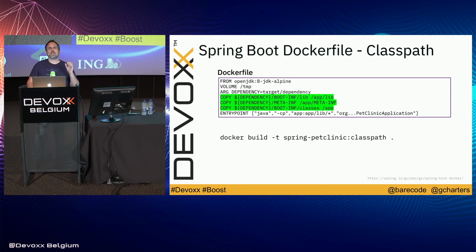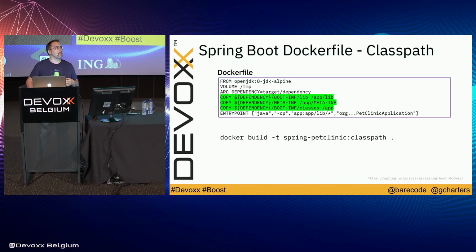So let's take a look at a different way to construct a Docker image. This is actually a few weeks old, four-ish weeks or so. There's a new point of view out on the Spring Docker guide that talks about a different way to structure your Dockerfile so you can have a more optimal build.